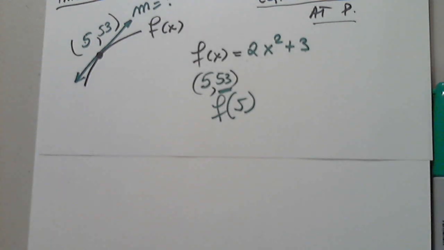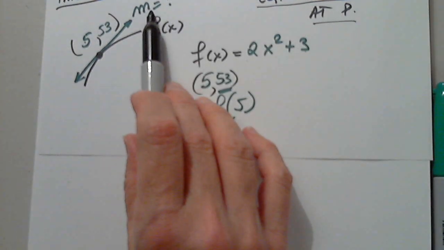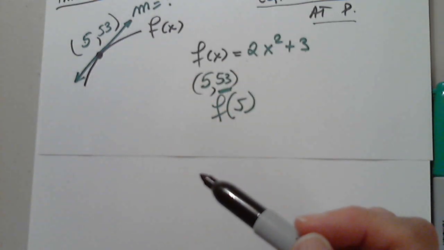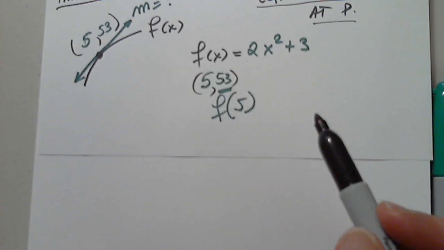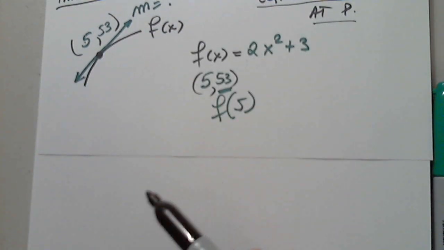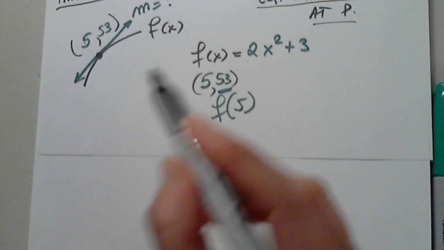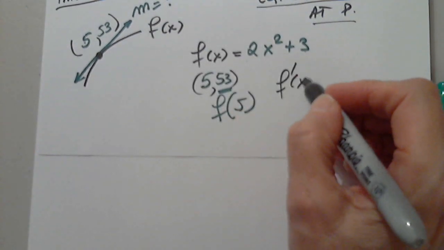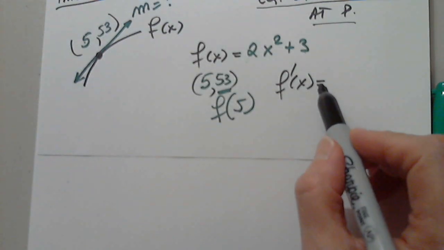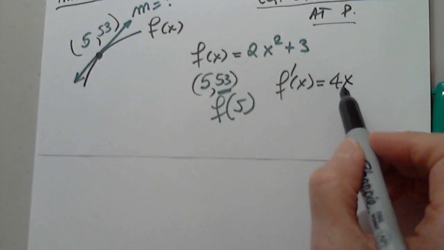Anyone, please? What do I have to find first to find the slope of the tangent line at this point? The function. Yes, let's find f prime, of course. What do I get? 4x. 4x indeed.